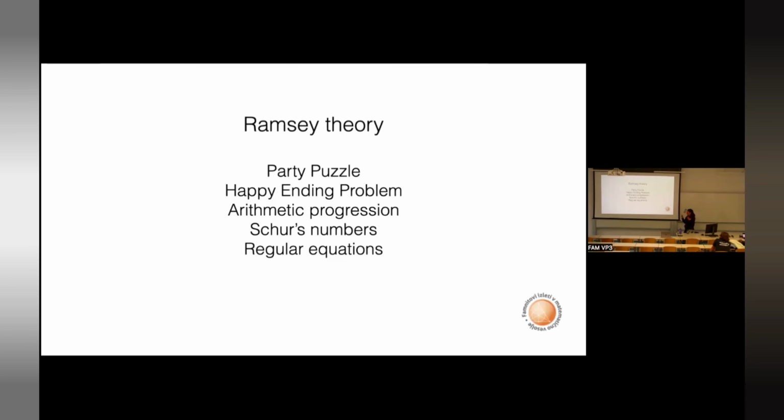And I hope you have the feeling that in Ramsey theory, the important thing is to know when it can happen, but also to optimize when it can happen. So it's these two parts.